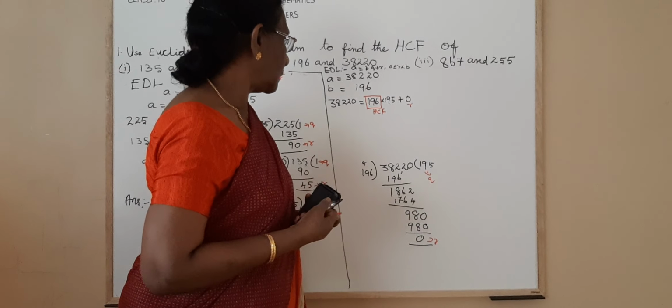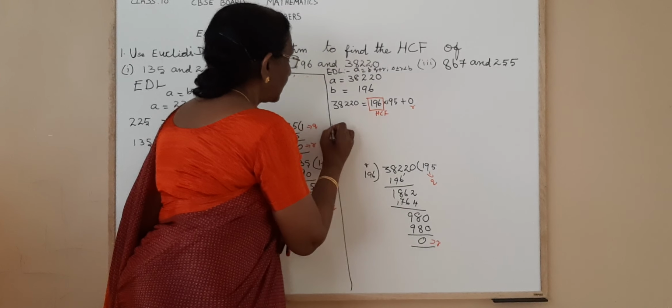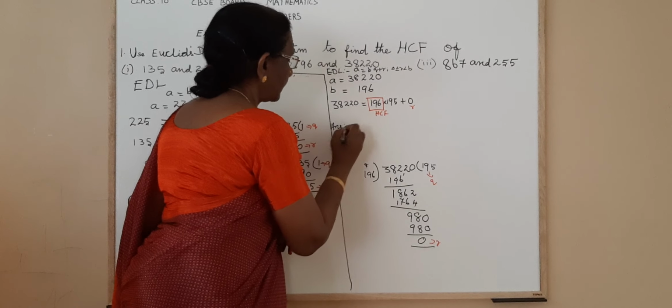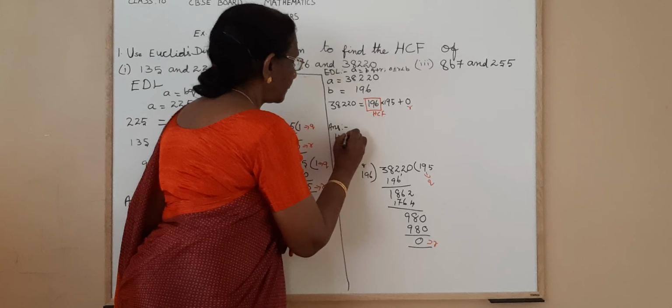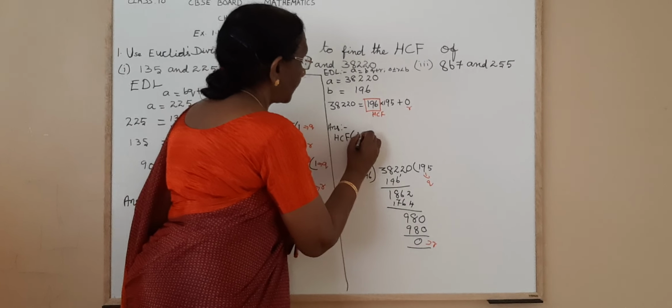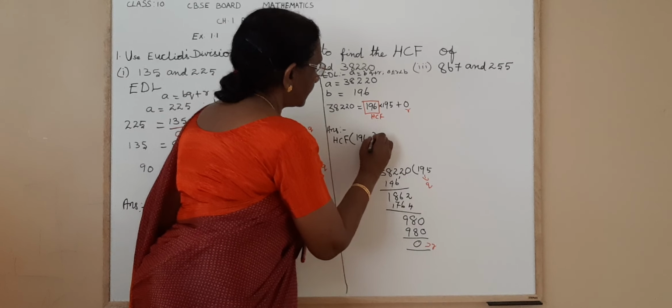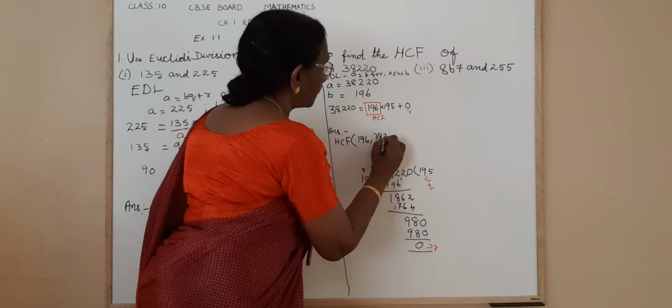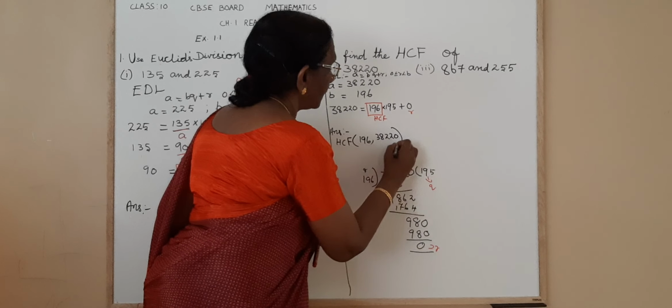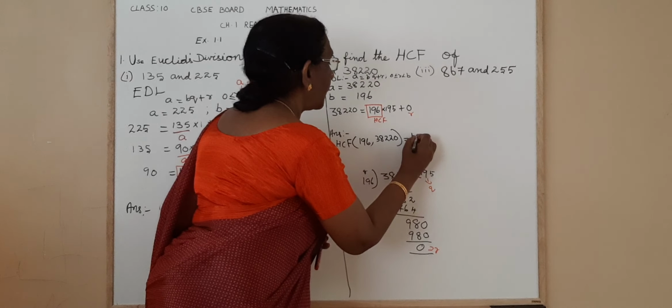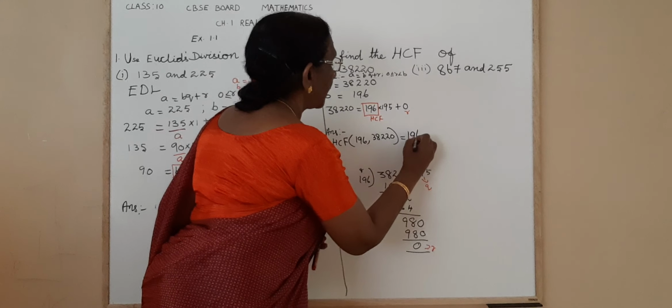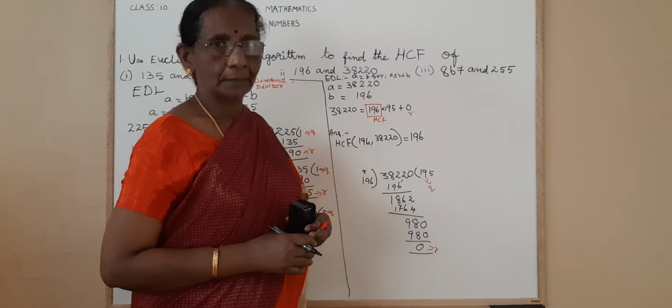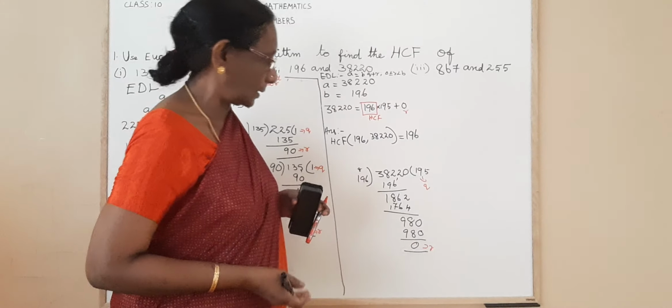Now write the answer. Answer: HCF of 196 and 38,220 is equal to 196. Have you understood? So in one step we are getting the answer.